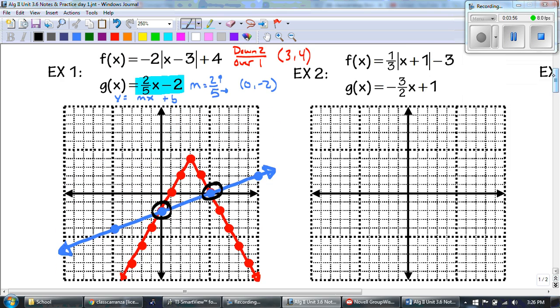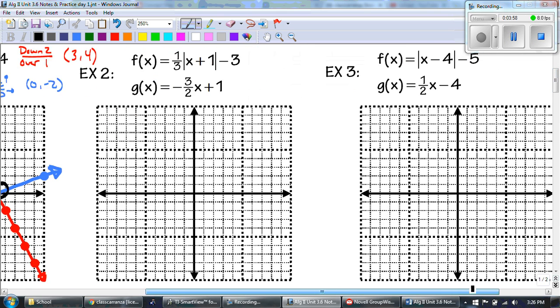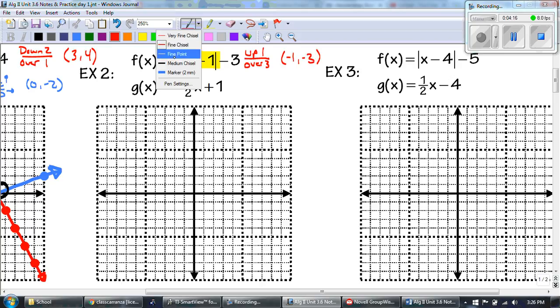So let's look at number 2. Our top equation is the absolute value. The 1/3 tells us that we're going up 1 over 3, and that our vertex is -1, -3.